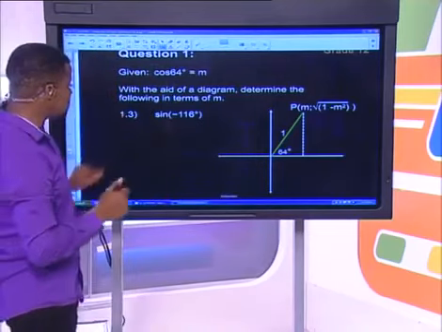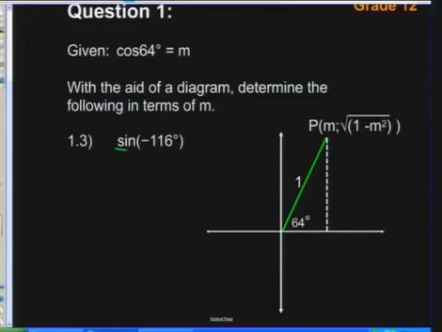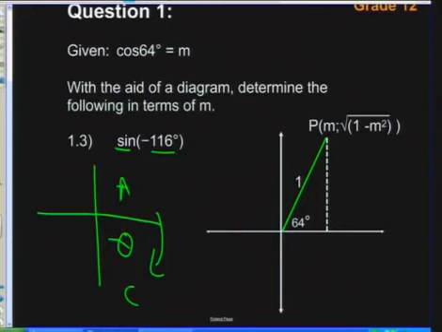We have sine minus 116. This minus, how can I get rid of this minus, guys? Let's look at a Cartesian plane. Normally you rotate this way, but if you rotate this way, you get minus theta in this quadrant, where this is your CAST rule, guys. So minus theta, minus 10 degrees.